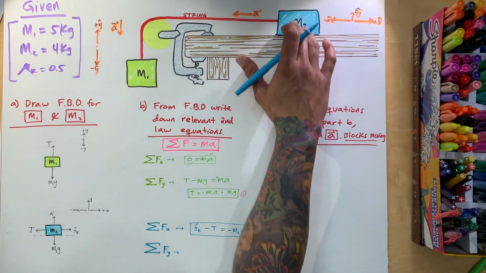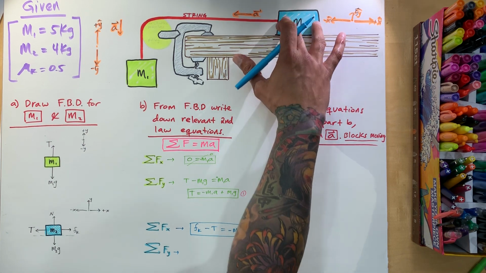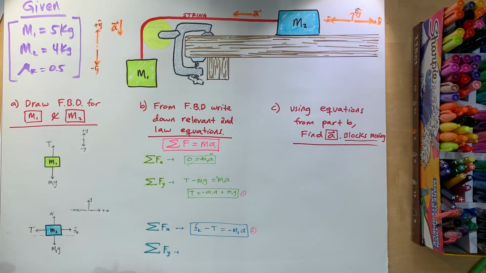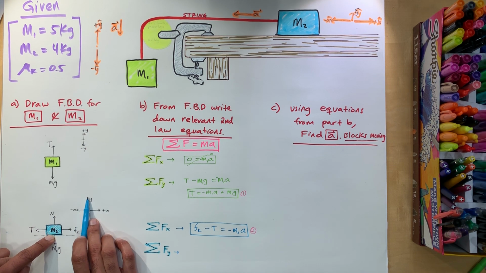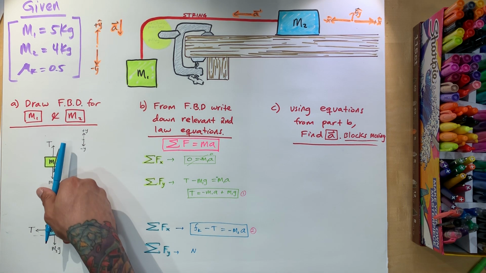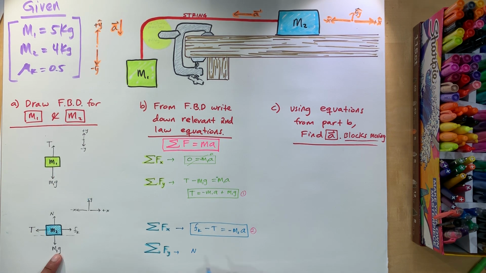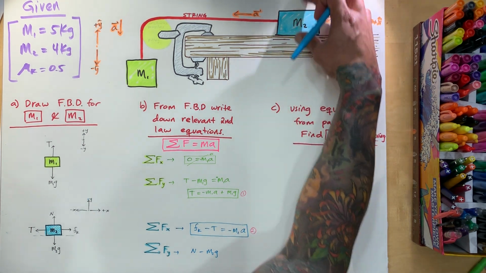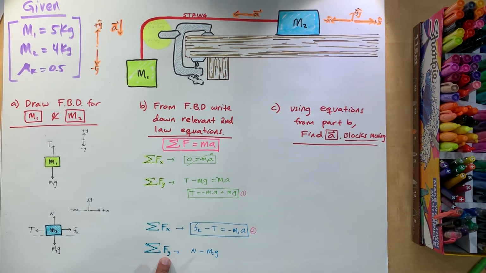So there's always two when you have two objects. You have the table pushing up, which is normal, and up is positive y. So here for the y, I'm gonna say that we have N, right? Then minus m2g, don't forget the subscripts, right?